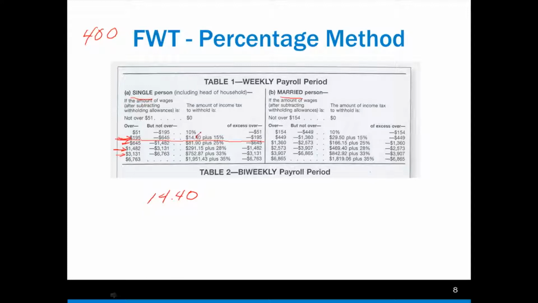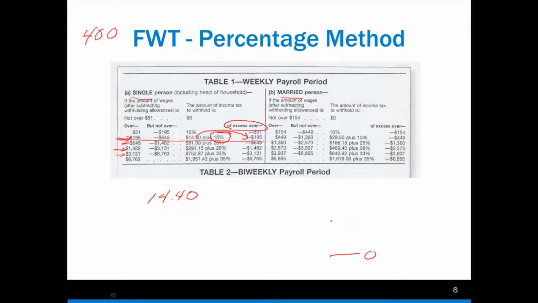Well, that 14.40 is how much withholding would be on 195. The calculation says of the excess over 195, so we use the 15% on the amount over 195, because this 14.40 covers that first 195.